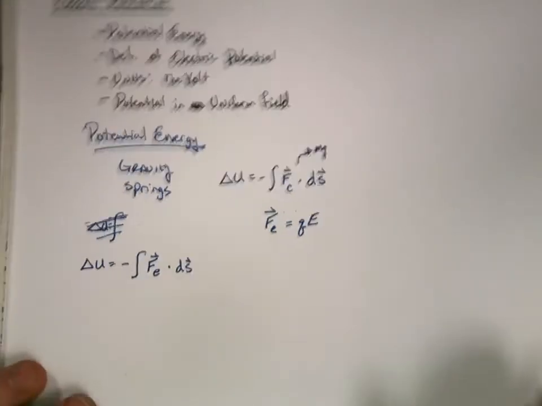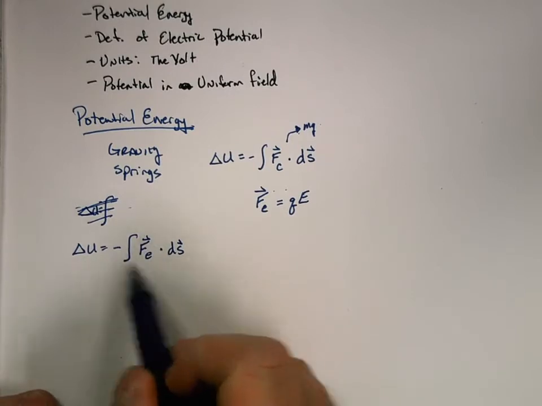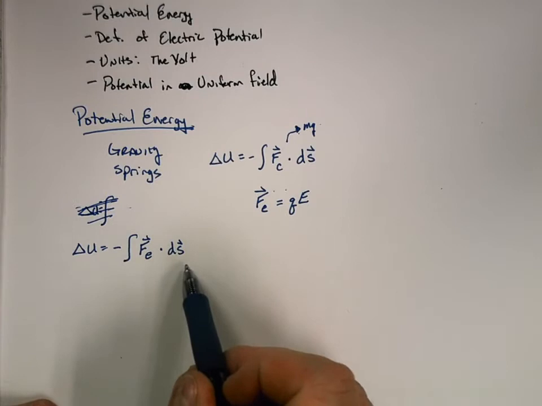So we're going to have the same situation, that our potential energy is going to decrease as the electric force moves an object along its path.